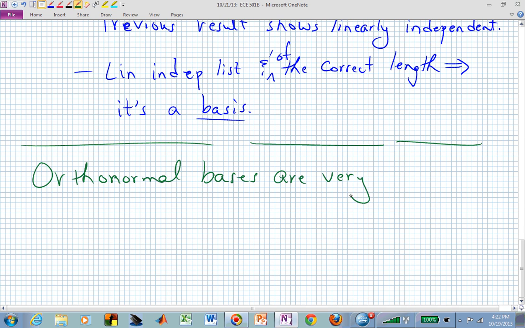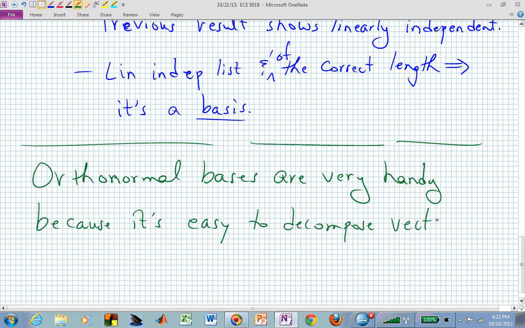They provide handy tools because it is easy to decompose vectors in terms of these bases.